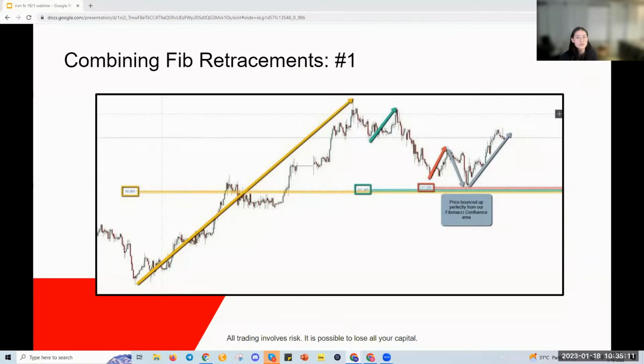Yeah, so you're combining one big Fibonacci retracement level with two other smaller Fibonacci retracement levels. You can see this is the really big one, and then you combine it with the two smaller ones over here, the green and the red.